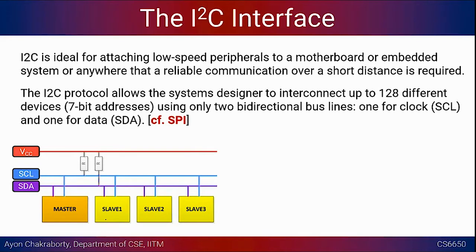Try to compare this with SPI. In case of SPI, we did not have anything called in-band addressing, right? There was no concept of address within it. All the master was doing was keeping a record of the devices in the system, and based on that, it would do a chip select, deciding which peripheral to select.